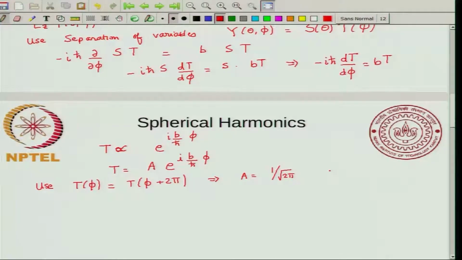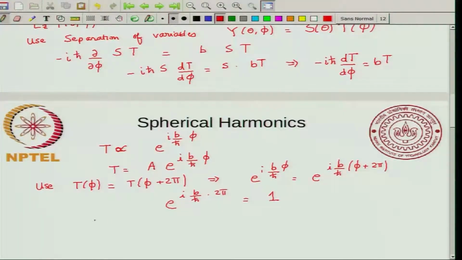Oh, sorry, before I do that, we will come back to A in just a minute. If you use this, then what you will get is that e to the i b phi by h bar is equal to e to the i b by h bar times phi plus 2 pi. And if you cancel the e to the i b phi by h bar, you get e to the i b by h bar into 2 pi is equal to 1.